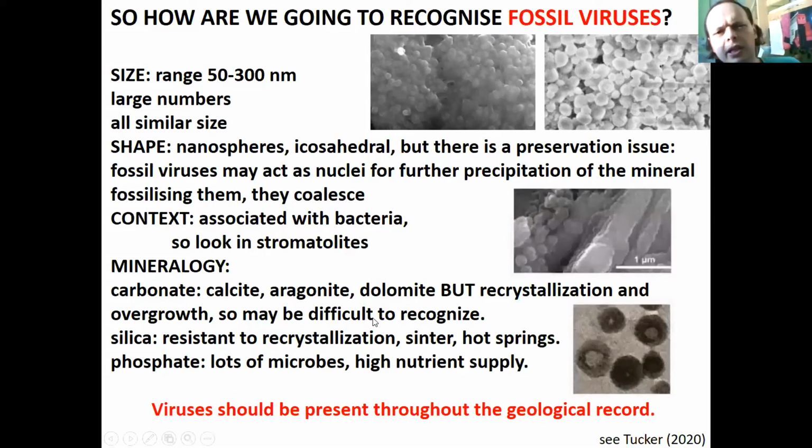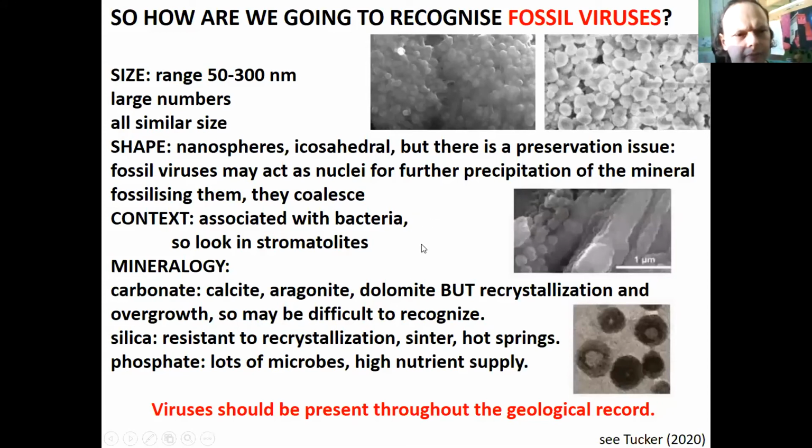Mineralogy is a plethora of mineral forms, as I already showed you, but because we are focusing on carbonate systems, obviously this will be calcite, aragonite, or dolomite. But again, here we have some diagenetic processes involved, which simply destroy the original fabrics, and it will be difficult to recognize whether this tiny thing is really of viral origin.